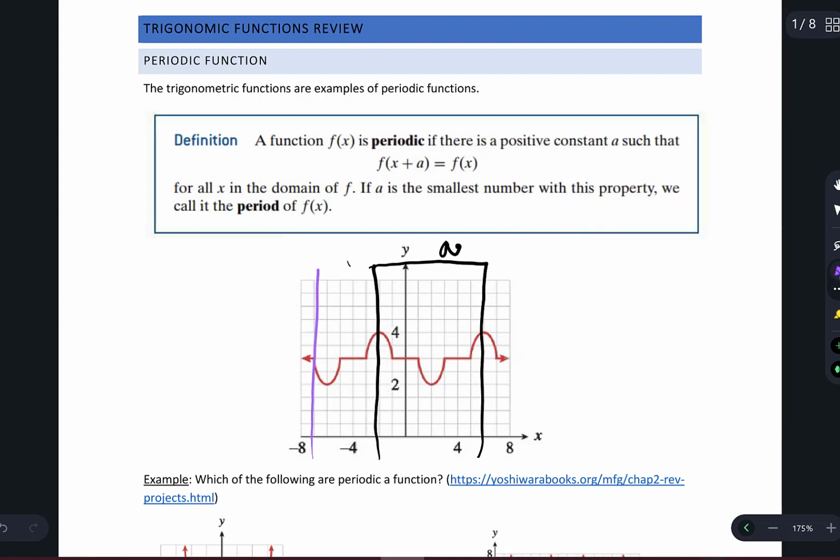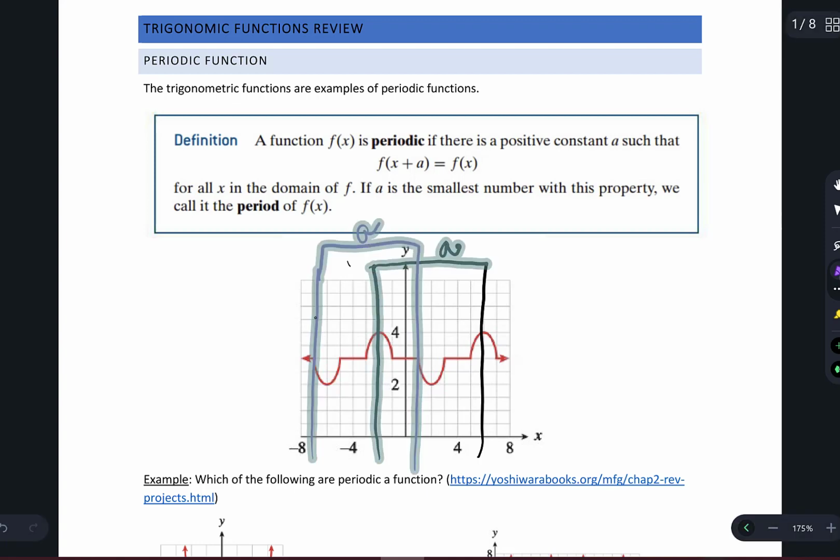So in either case, the period is still width A. And so that's what it means for a function to be periodic. It's going to repeat itself over and over again across the x-axis, and the width at which it repeats itself stays the same.